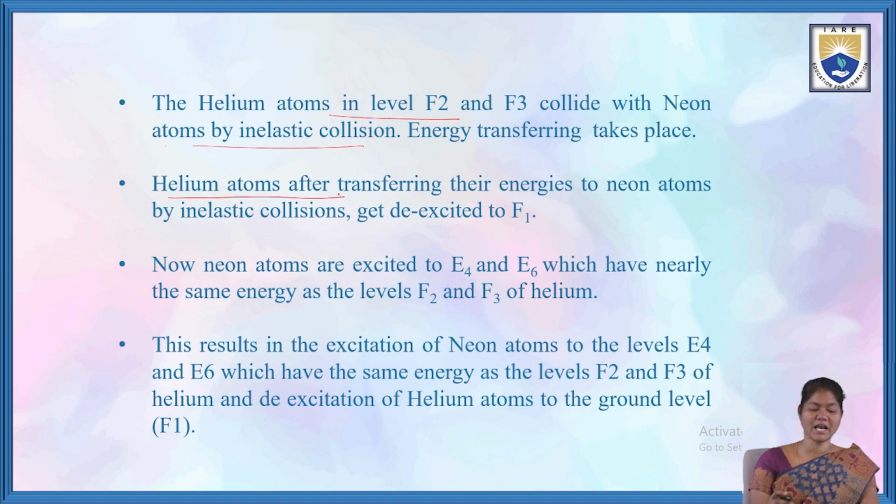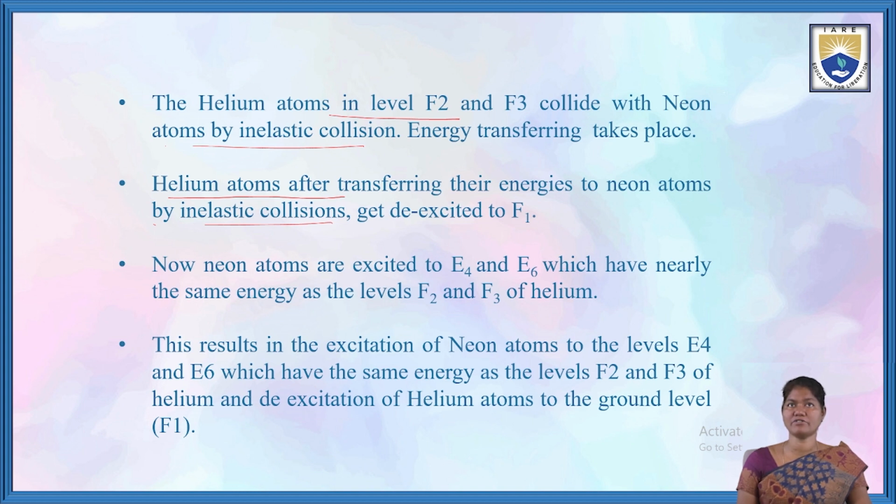So, helium atoms, after transferring their energies to neon atoms by inelastic collisions, get de-excited to F1. The energy is transferred from the helium atoms in levels F2 and F3 when they collide with neon atoms.